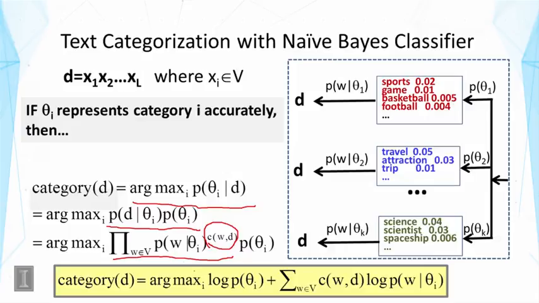So one way to solve the problem is to take the logarithm of this function, which doesn't change the order of these categories, but would help us preserve precision. And so this is often the function that we actually use to score each category. And then we're going to choose the category that has the highest score by this function. So this is called a naive Bayes classifier.